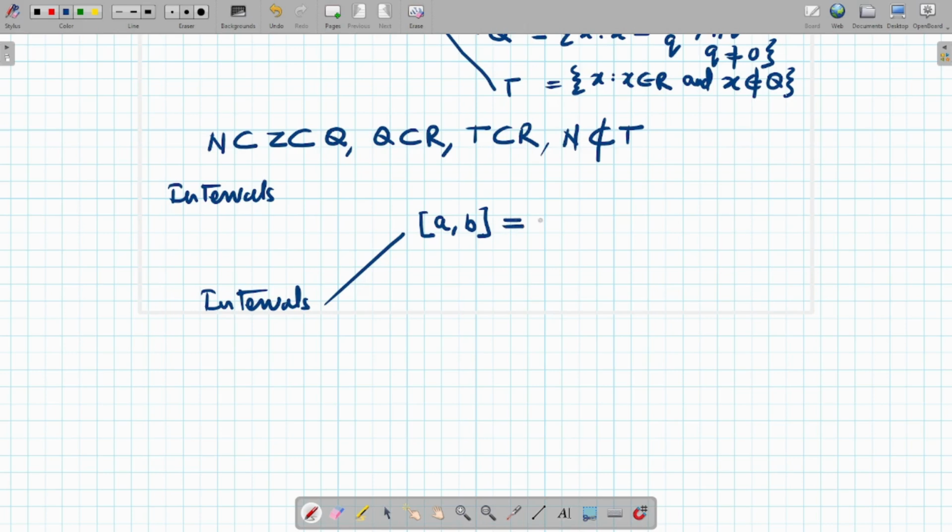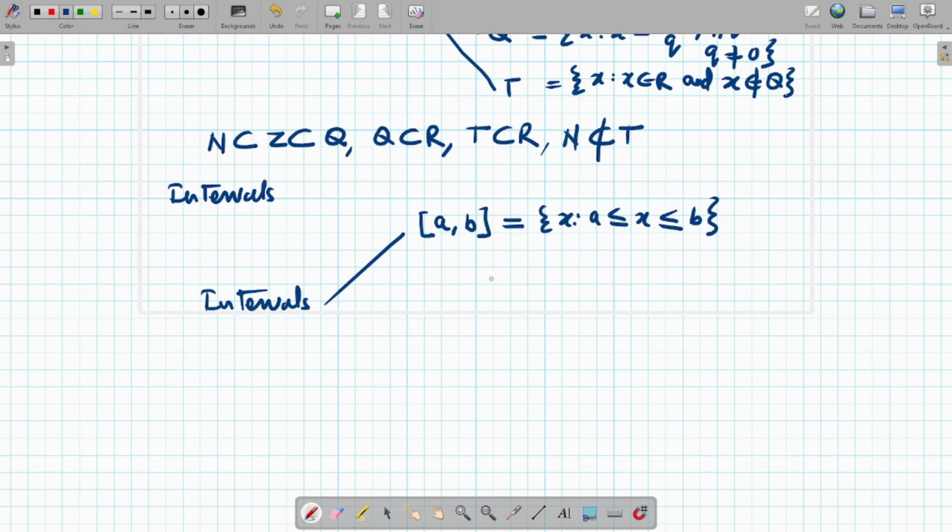This is represented as x such that a is less than or equal to x and x is less than or equal to b. So what really it means? It means that a and b are included.